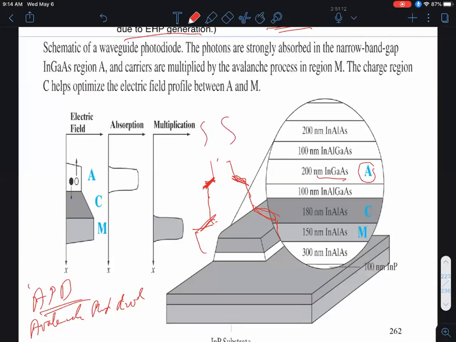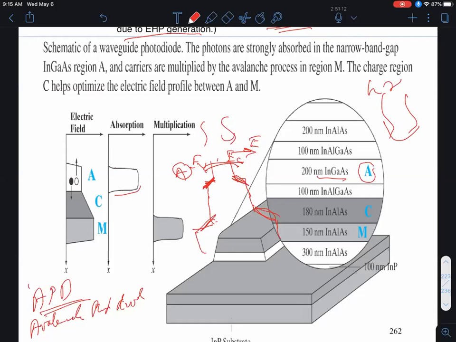So then I'm shining photons on it. In this band diagram, mind you, I'm flipping the usual way I draw the band diagram. So energy points this way. So EC might be over here, EV is over here. I'm trying to correspond the band diagram to the structure on the right-hand side, okay? So when I'm shining photons on this, I'll be absorbing them in this absorption layer, okay? So I have a high absorption rate as shown in this, okay?